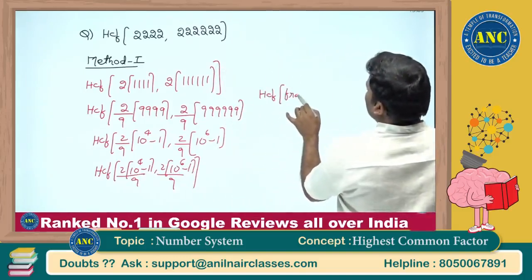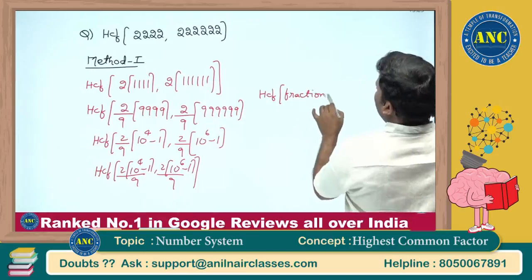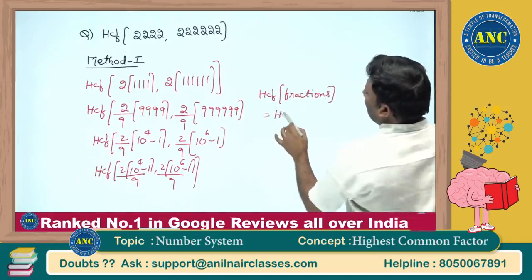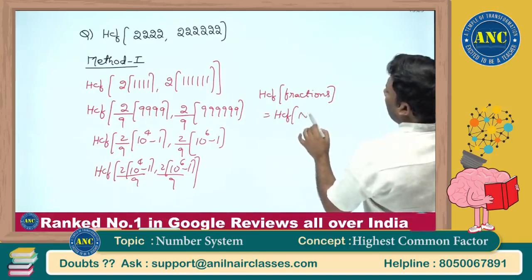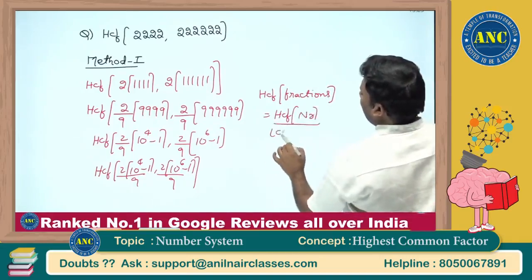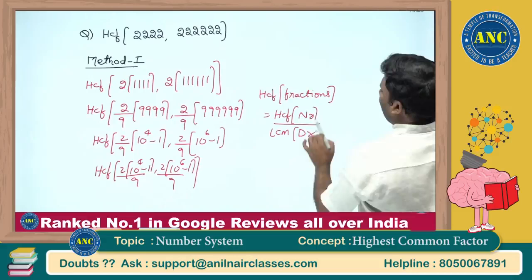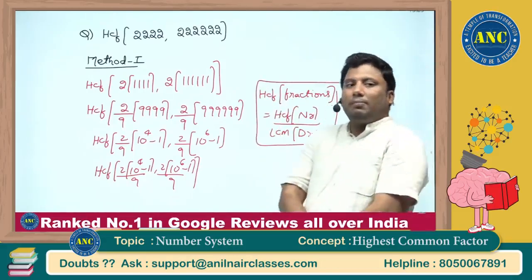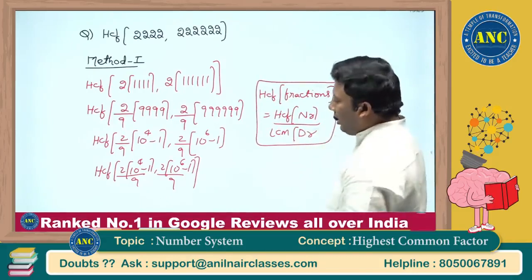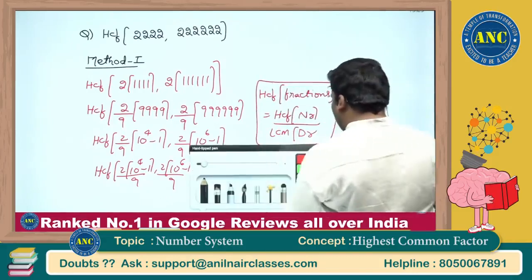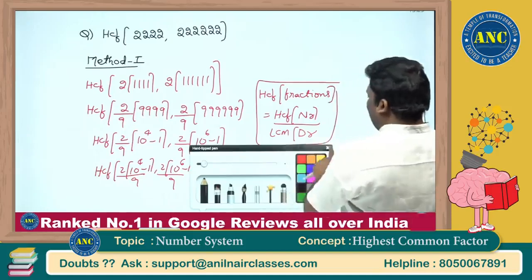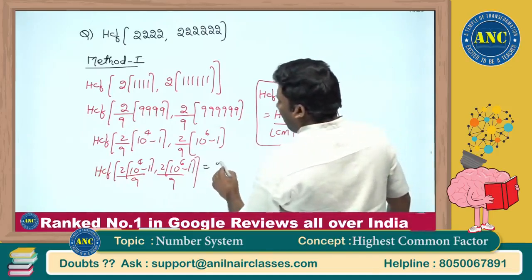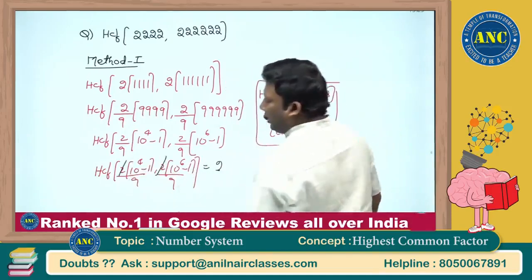HCF of fractions will be HCF of numerators by LCM of denominators. Just now we solved this question, we will use the logic. HCF of 2 and 2 is 2.